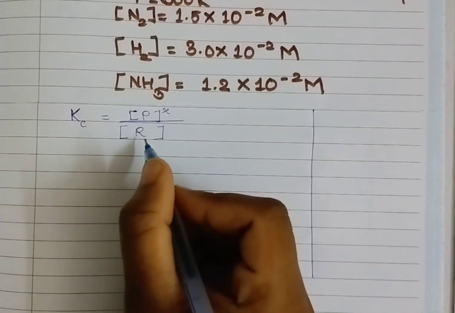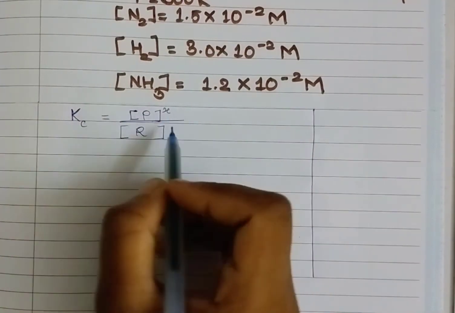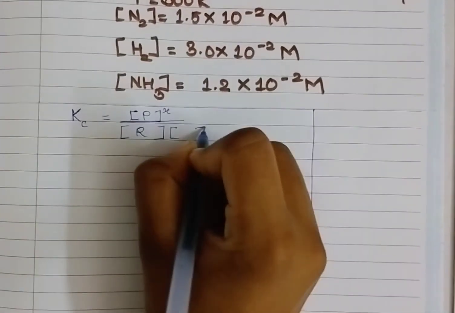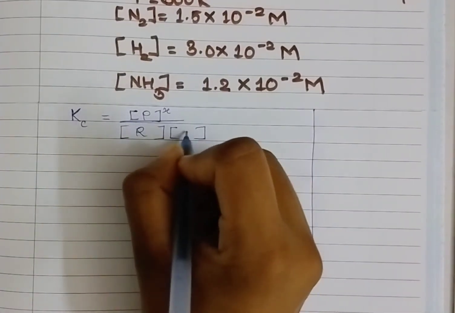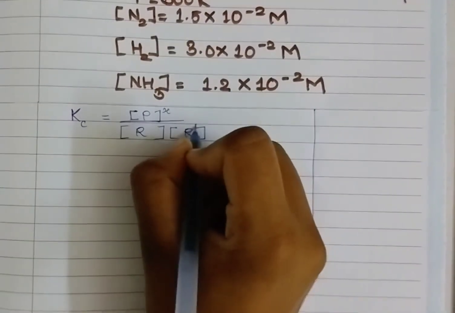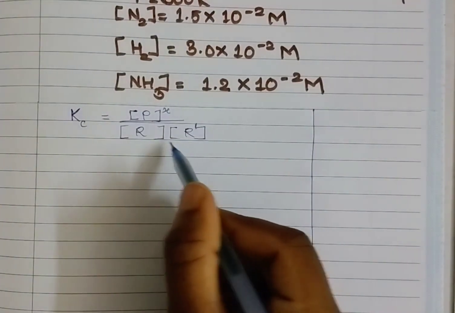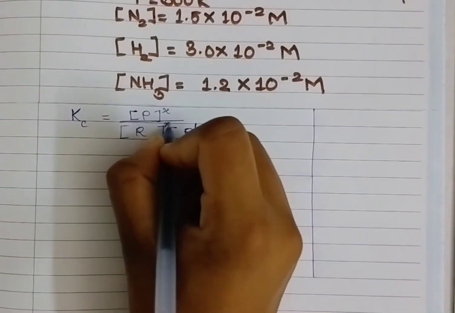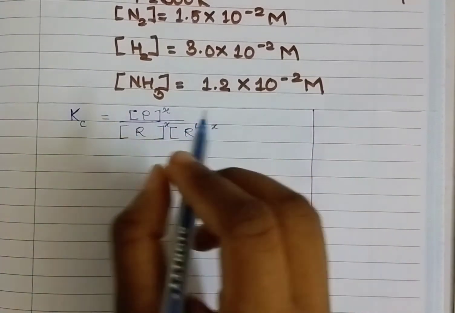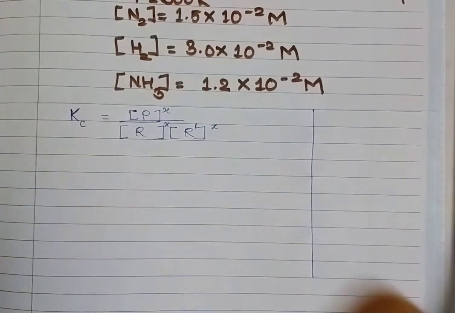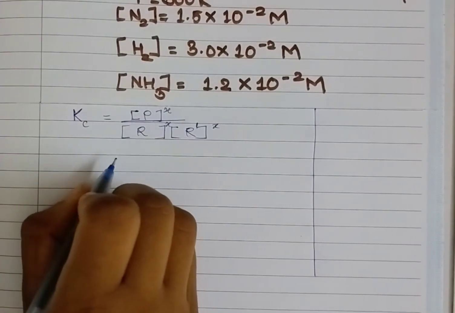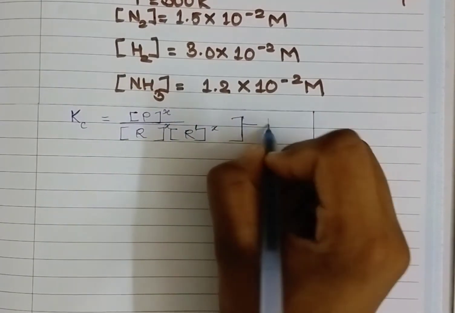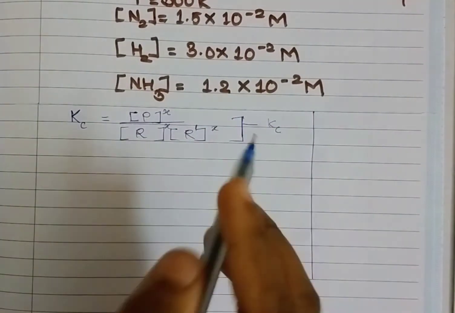If there are two reactants, then we'll make another bracket, okay? And if there are two products, we will do the same thing. And here too, coefficients are required. Never forget coefficients. Now we have the formula of Kc with us. Now let's solve the question.